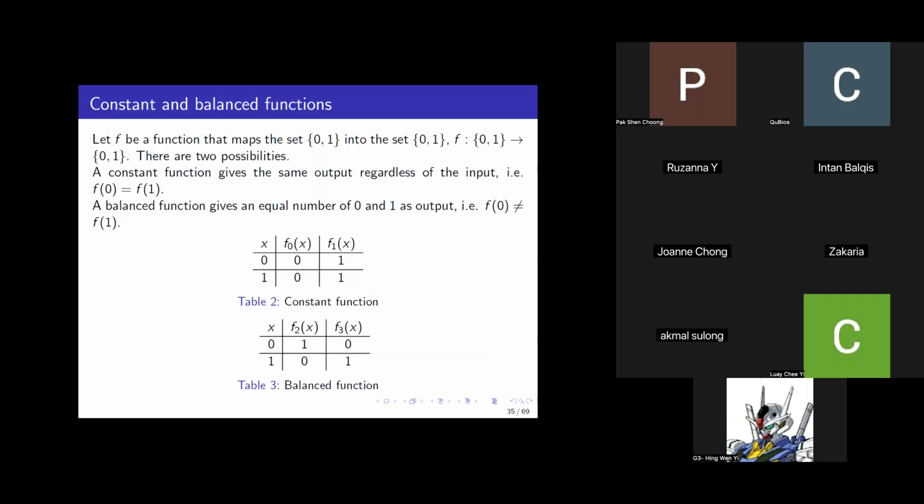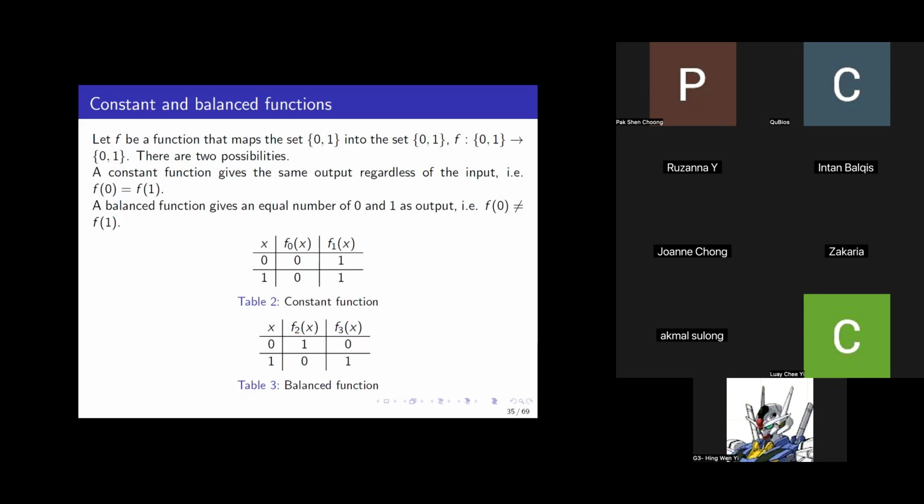Before we go into Deutsch-Jozsa algorithms, we need to know what kind of problem the algorithm is trying to solve. Specifically, we first look at Deutsch's algorithm.